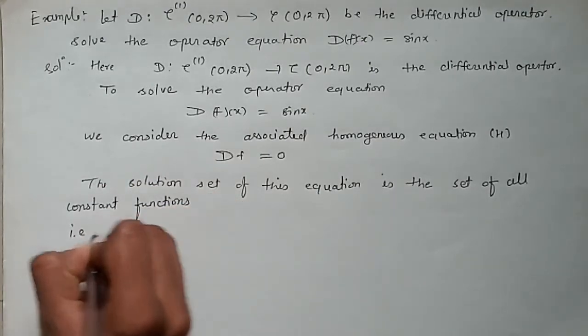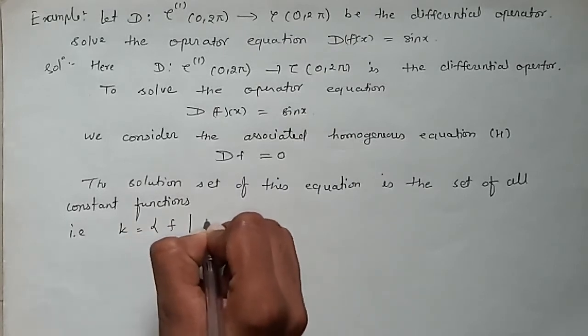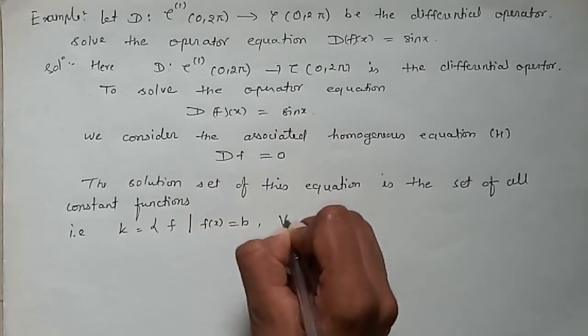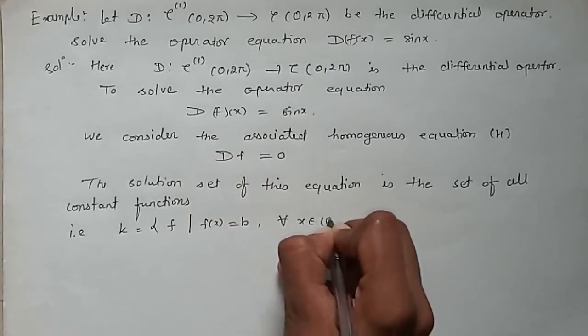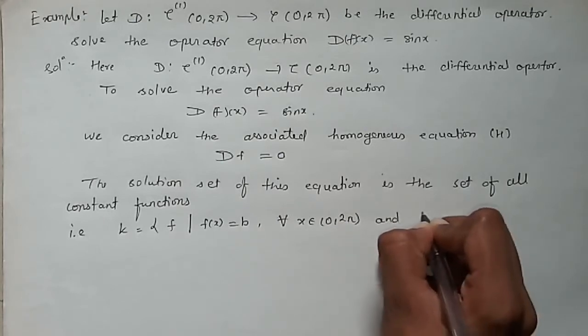That is, our K is nothing but all functions such that f of x is equal to b for all x belonging to 0 to 2 pi, and b is a constant.